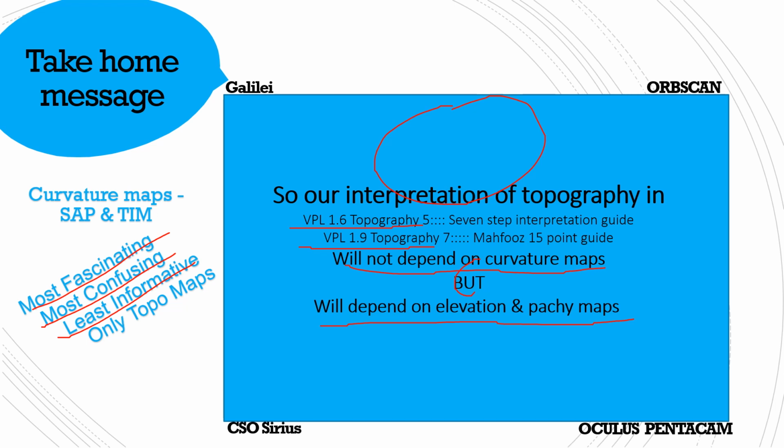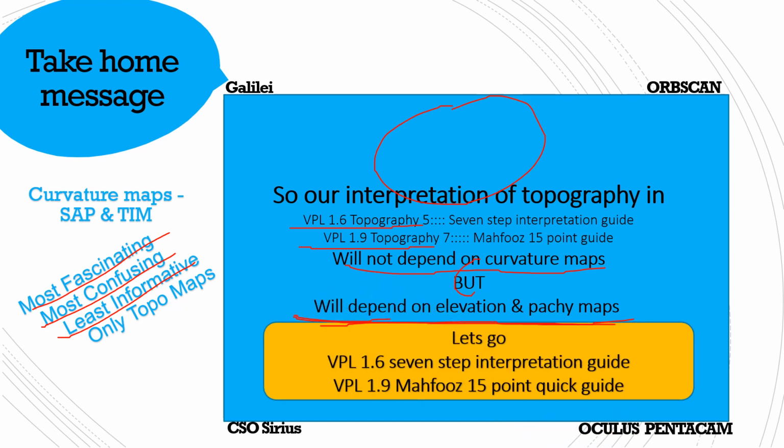So that is the take-home message, that we will start interpretation of the topography from pachy and elevation maps. So let's go to the section VPL 1.6, which is a 7-step detailed interpretation guide, and VPL 1.9, which is a quick 15-point guide.